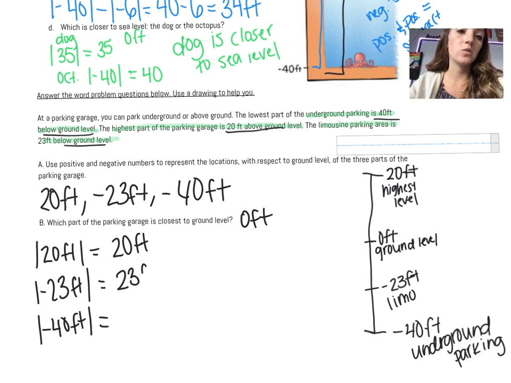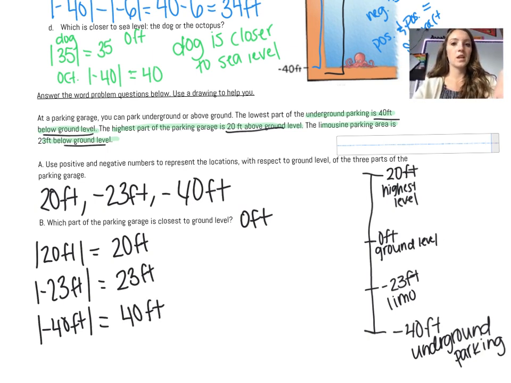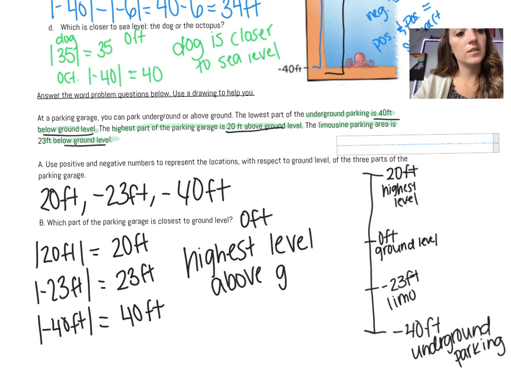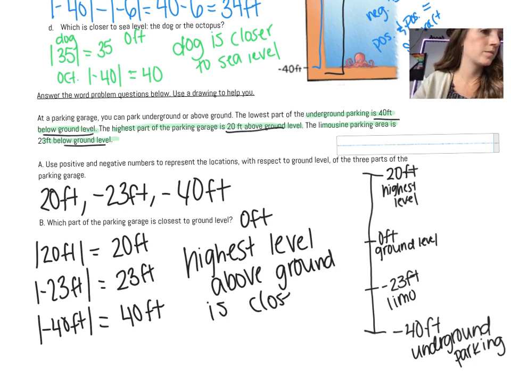Now it's a positive 23 feet and a positive 40 feet. I can see that my 20 feet is the closest one to 0. Therefore, the highest level above ground is closest to ground level.